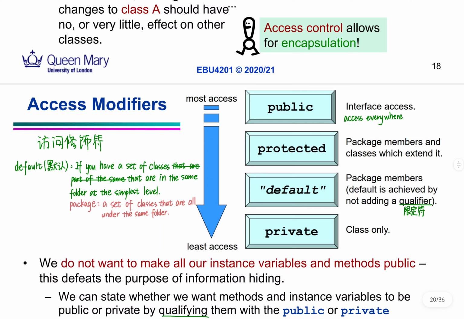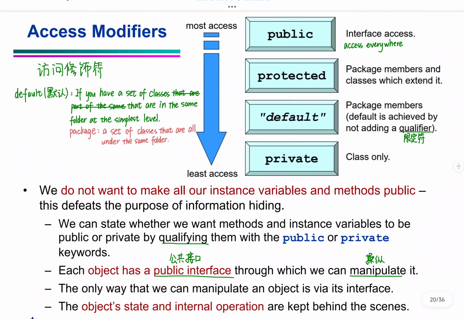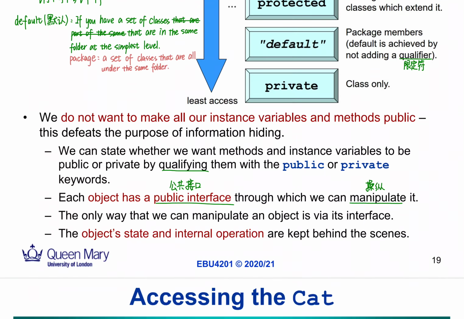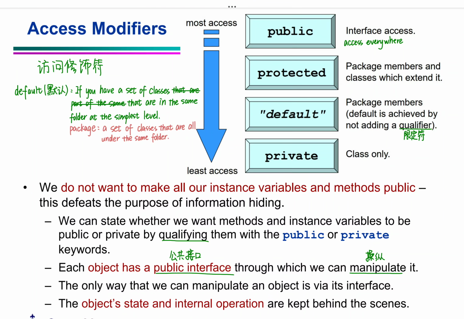So we have access modifiers at different levels: public, protected, default, and private. Public means interface access. Protected means package members and classes that extend it. I don't know. It's a little messy, but I think with clear narration, I hope I can memorize them well.